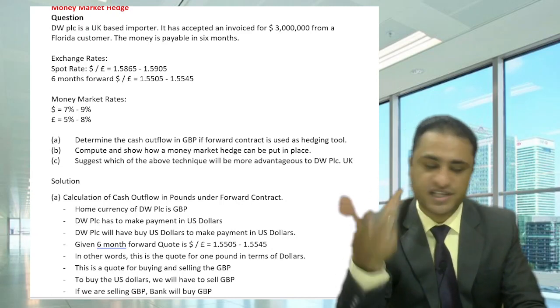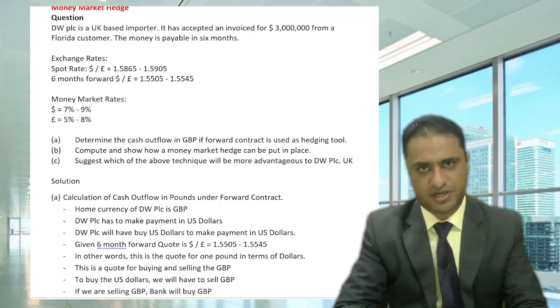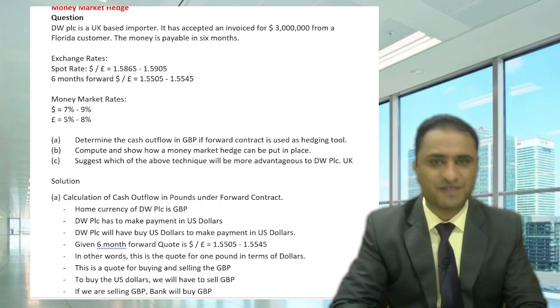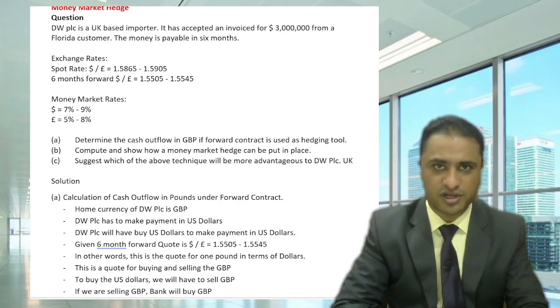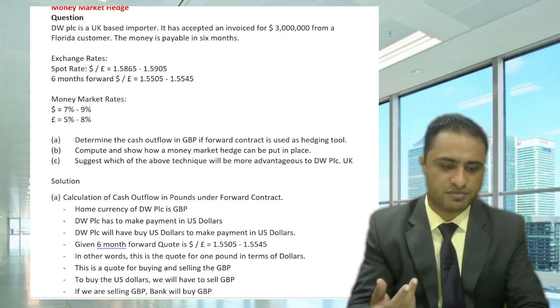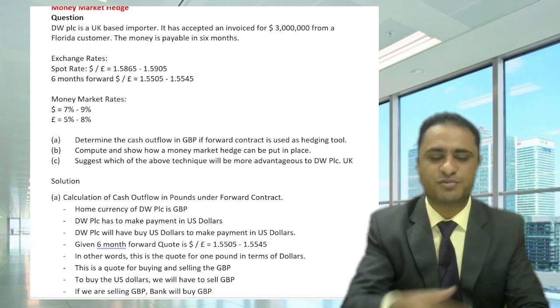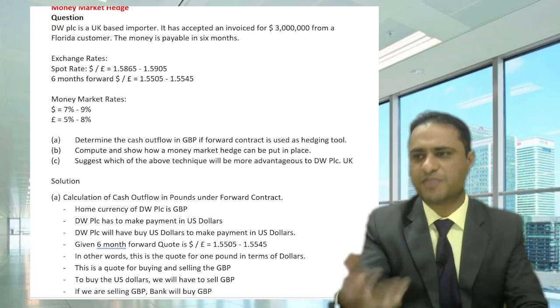As I already explained, the bank will accept the deposit at a lower rate, and if you are borrowing from the bank, they will charge you the higher rate. So between 7% and 9%, if you are depositing in dollar, now the question might come to your mind that we are a UK based firm. Where do we have a dollar to deposit? I will come to that. Let's understand the money market thing step by step, one by one.